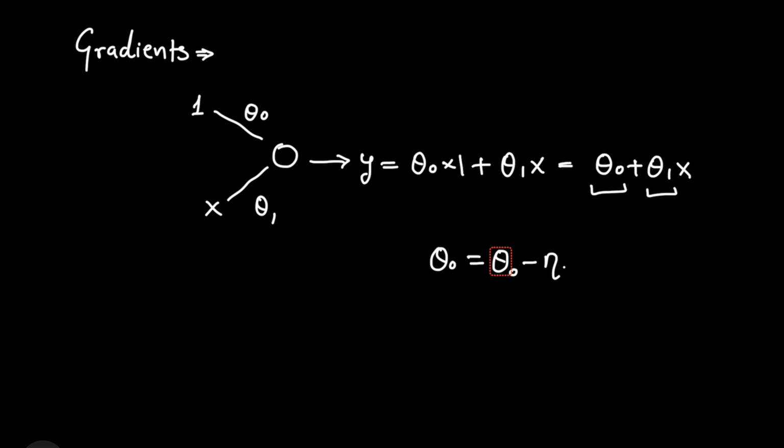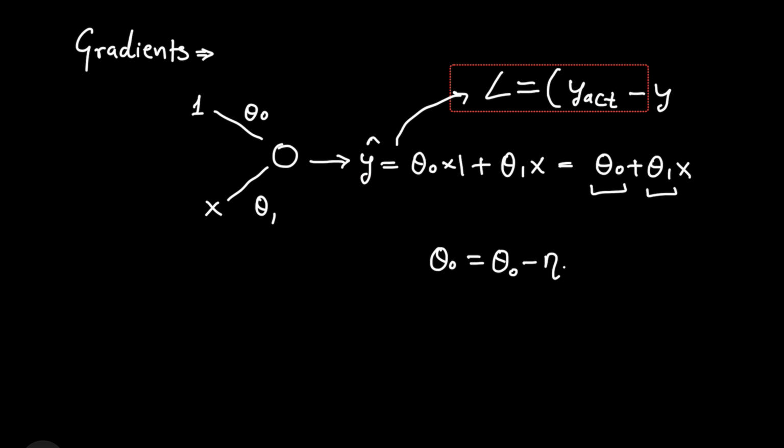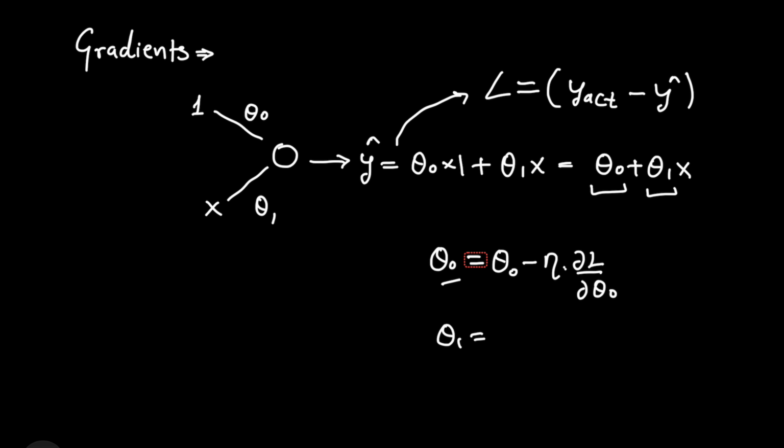We calculate some loss with respect to the actual value minus this value, let's say y cap. Then we calculate the loss function with respect to theta naught and we update theta naught. Similarly we can do that for theta 1.